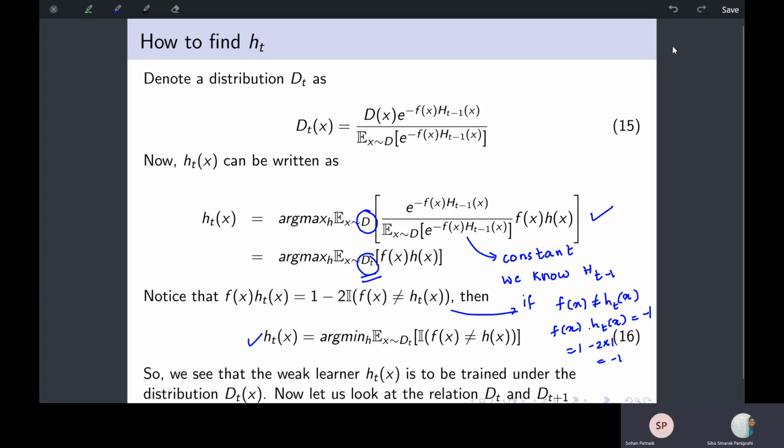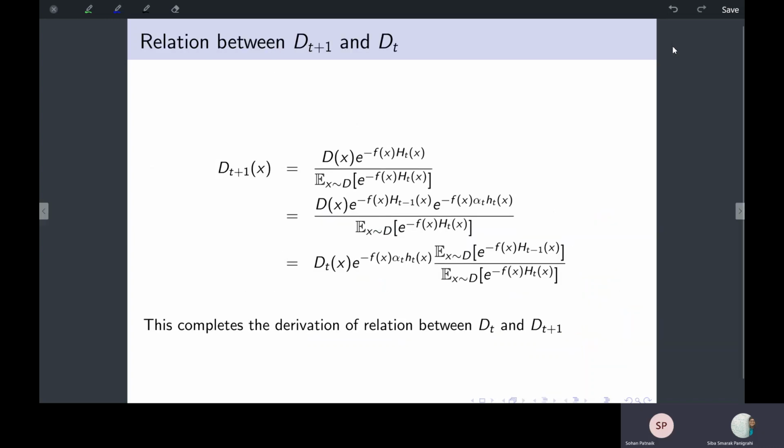Now we will use this and look at how we can derive a relationship between the present distribution and the distribution that we are going to sample for the next hypothesis h(t+1).